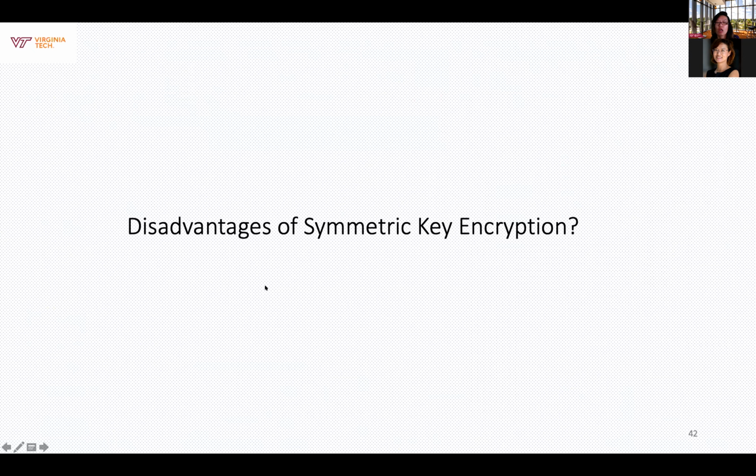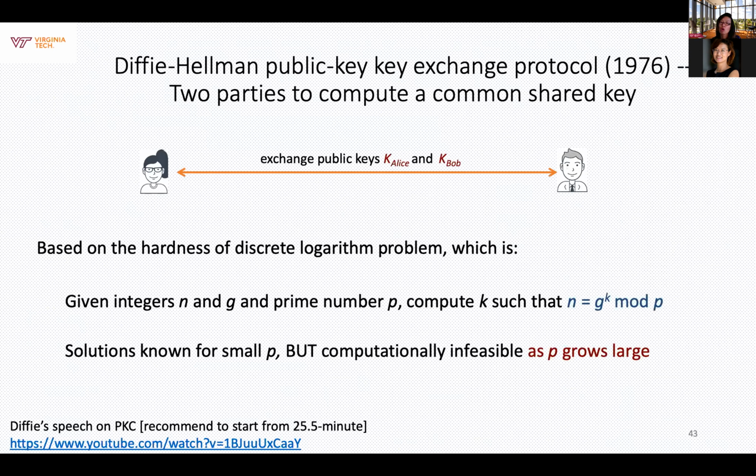Symmetric key encryption, the biggest disadvantage, of course, is that you have to have the shared key. And so back in the 70s, a long, long time ago, 1976, Diffie and Hellman, two people, invented what is called the Diffie-Hellman public key exchange protocol.